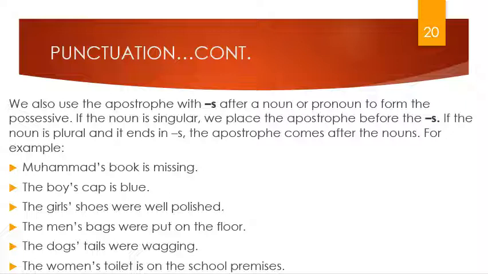If you look at the examples, in some the apostrophe comes before S, while in others it comes after S. When you are using the singular form, the apostrophe comes before the S, but in the plural form the apostrophe comes after the S.